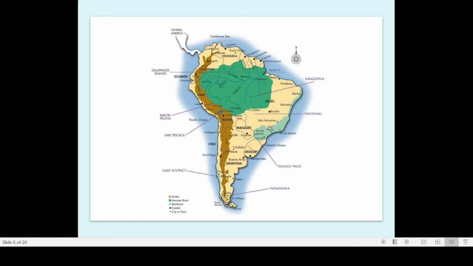Now you can see that a large portion, this Amazon itself is a very large portion, and what the people are doing is destroying this forest for grazing and cultivation. So they don't want forest cover. They simply put fire to the forest and clear that area and use it for grazing, cattle rearing, or other kinds of agriculture.